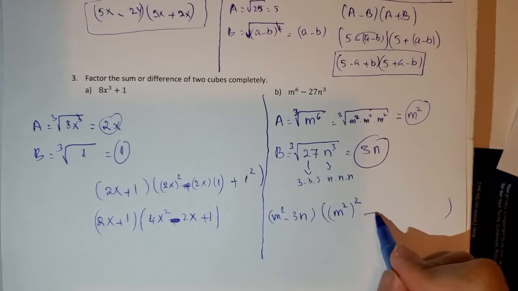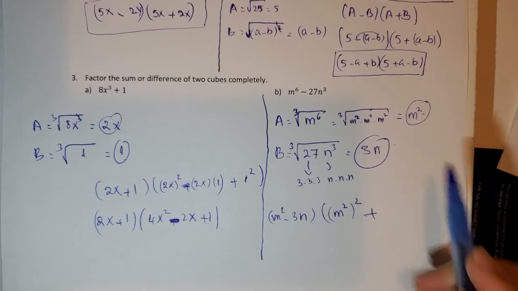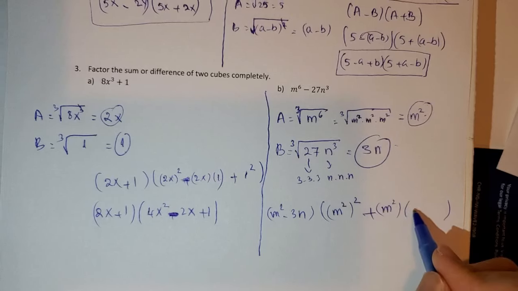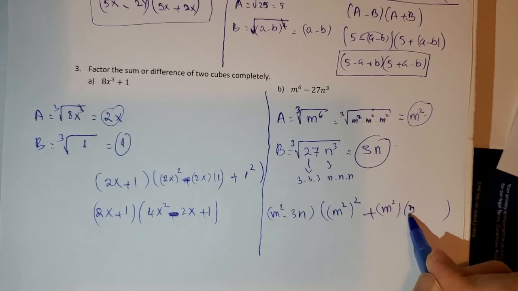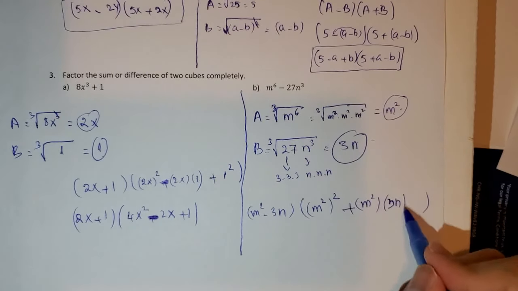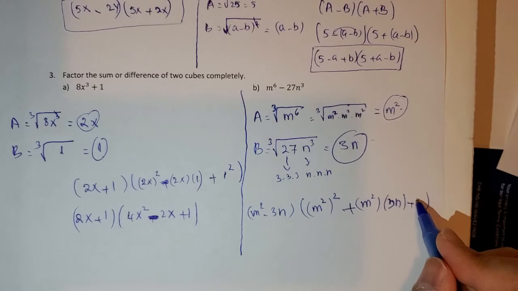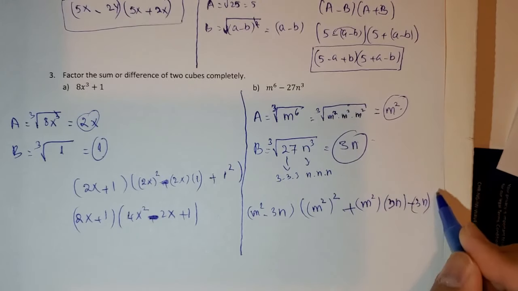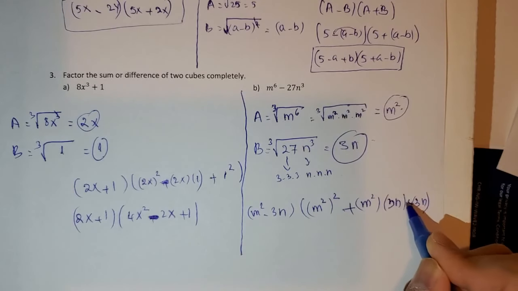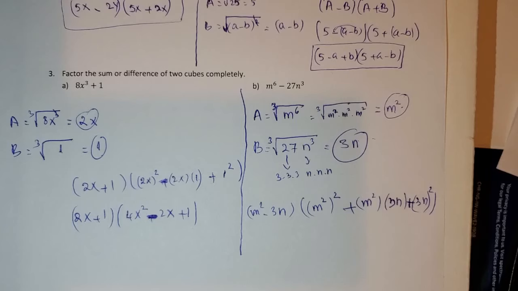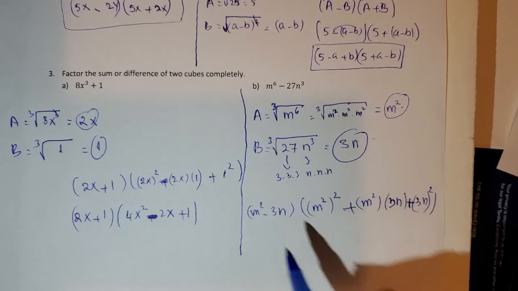Okay, so now plus a times b, so it's going to be m squared times 3n. And then plus b squared, which is (3n) squared.